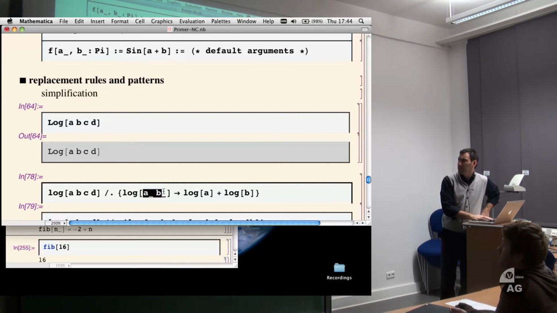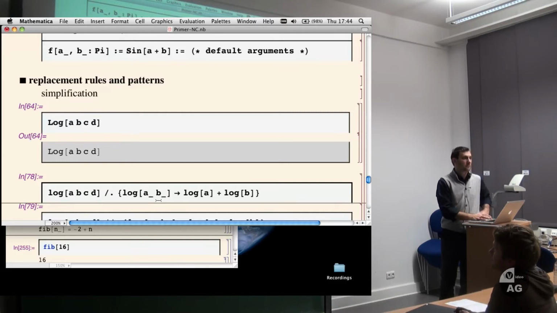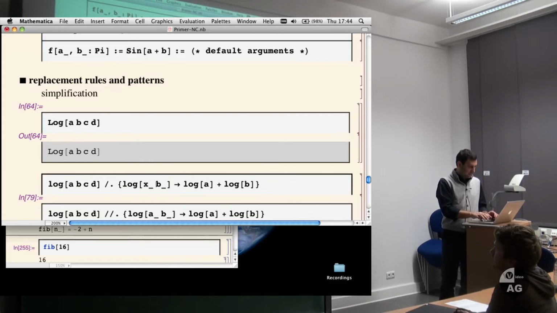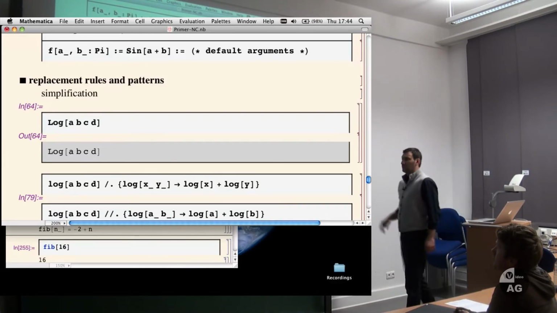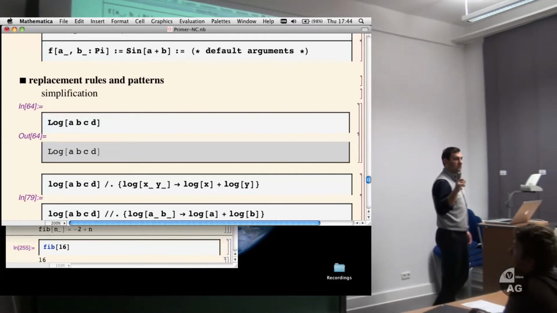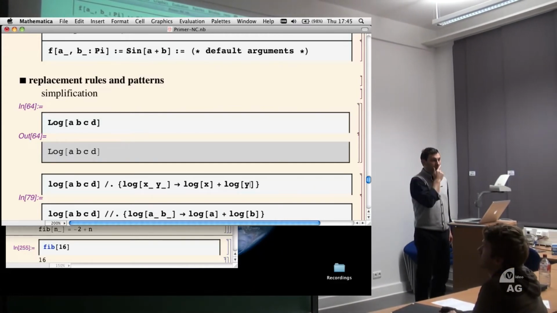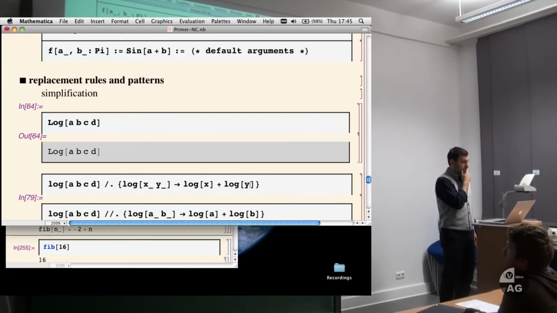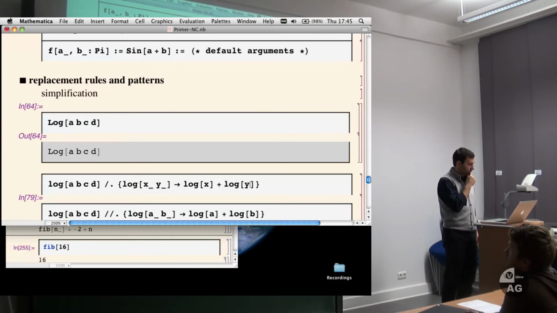So does it make a difference if here I have A and B, or X or Y? Could I write this? Is it any different from what it was before? Only insofar as now you cannot use any other x and y.